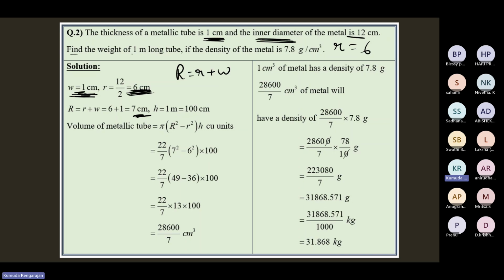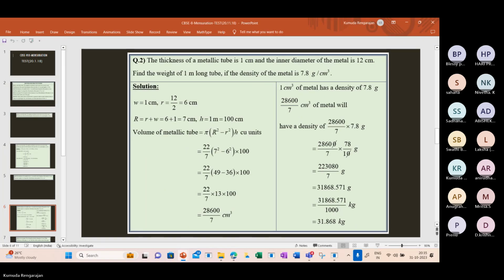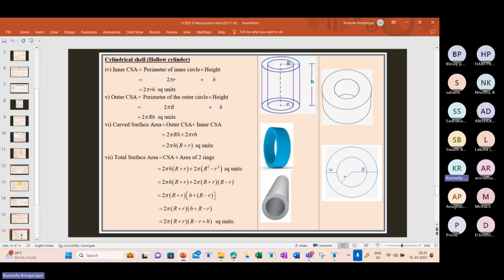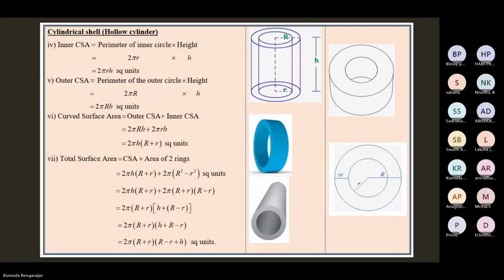And you can see here, find the weight of 1 meter long tube. 1 meter is 100 centimeters, and 1 meter long tube means the height of the tube. The length of the tube, which is the height of the cylinder, is 100 centimeters. What is given is the inner diameter, 12.